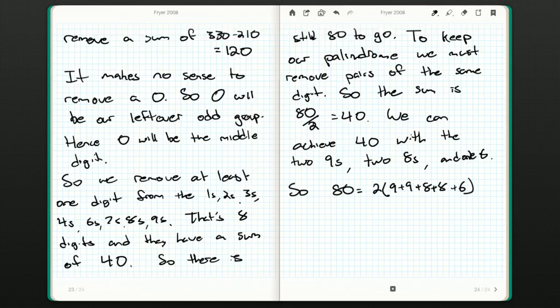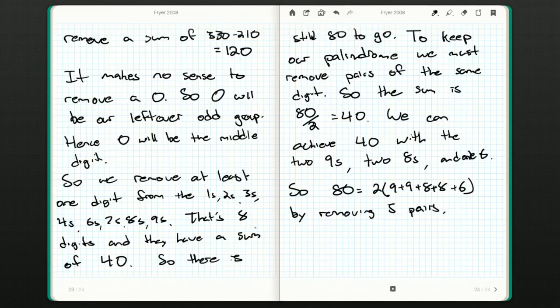So there we had to remove 5 digits, 5 additional pairs. And that's 10 more numbers.